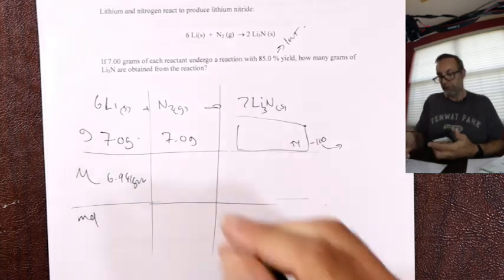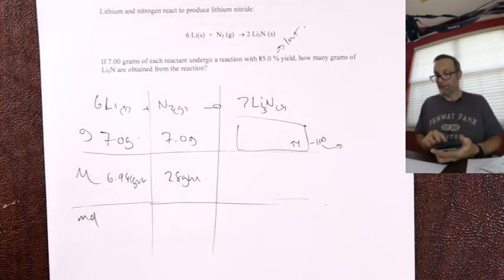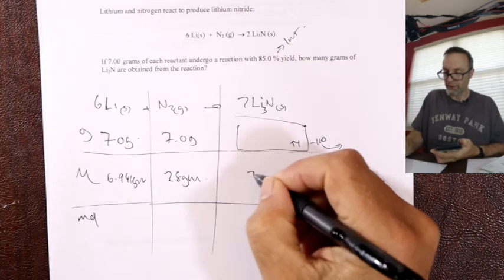Nitrogen, 14 plus 14 is 28 grams per mole. And then lithium nitride, it's quick math here. Let me find my calculator. 6.94 times 3 plus 14 equals 34.